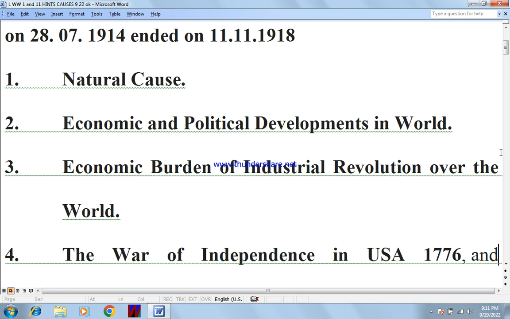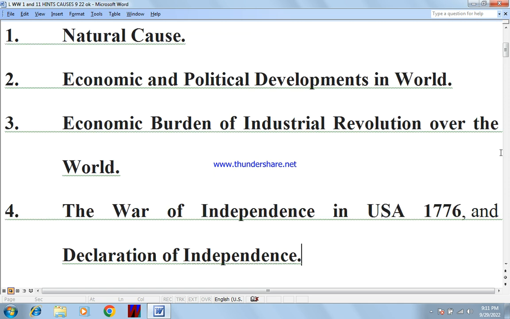Now, number one cause is a natural cause. In my opinion, it is not written in any book by any European author who has described it as a natural cause, but I have described and mentioned it as the natural cause.